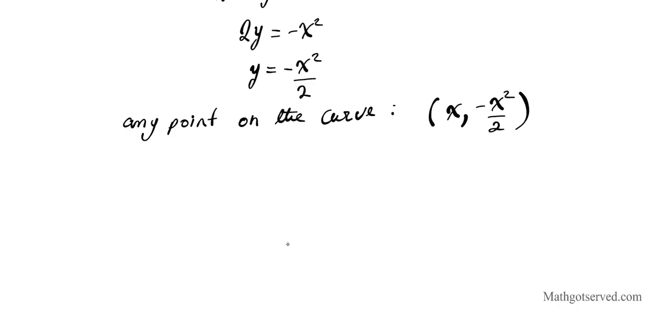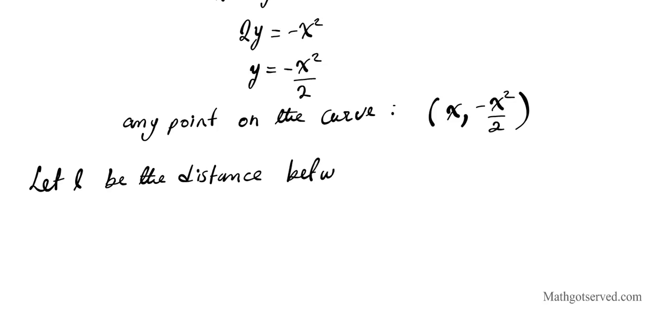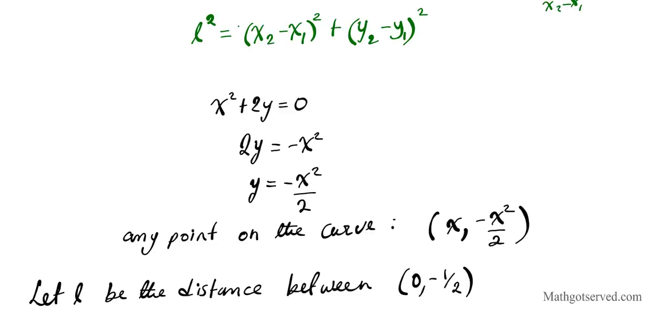All right, so now we're going to let L be the distance between the 2 points. Let's call the first point (x1, y1) equal to (0, negative 1/2). This was the point we were given in the problem.